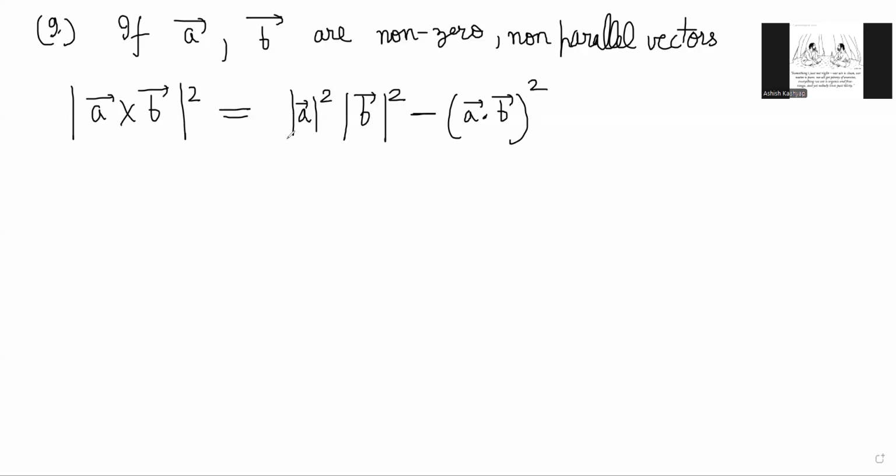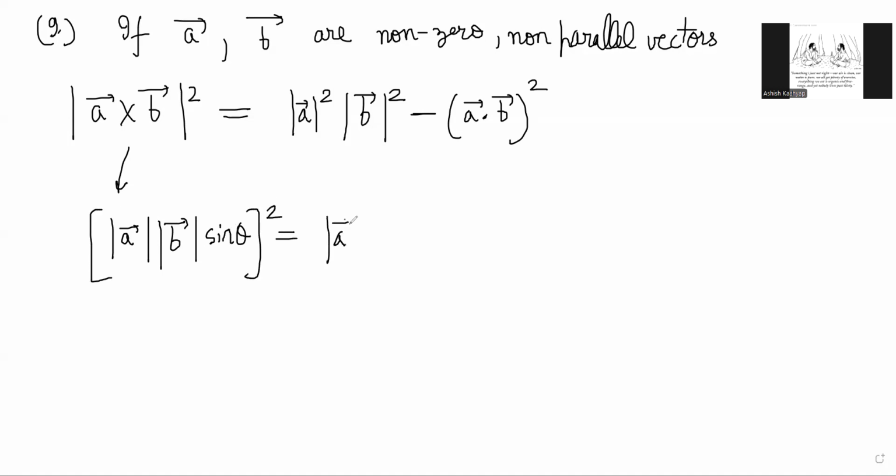How do I get this? It is actually a very simple proof. What you have to do is think of this as mod of A mod of B sin theta whole square, and that becomes mod of A square mod of B square sin square theta, which is 1 minus cos square theta.